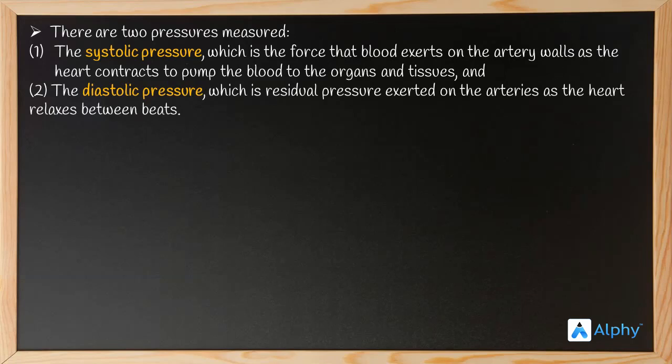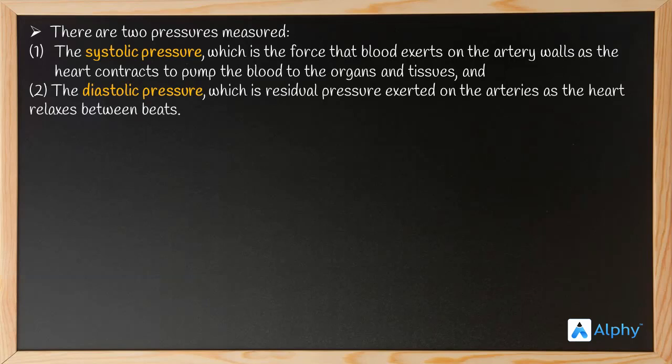And the pressure will be regarded as diastolic pressure. The residual or leftover pressure exerted by the blood in the arteries during the ventricular diastole will be regarded as diastolic pressure. Okay, the word diastole is used for relaxation.